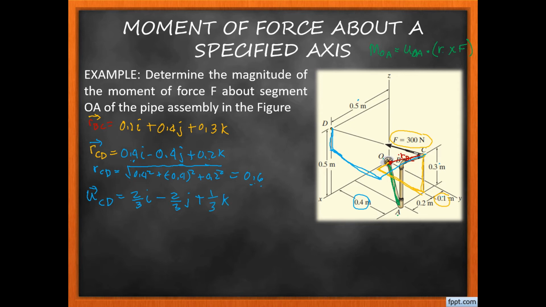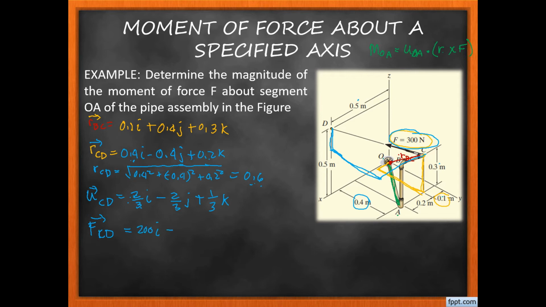So pag nakuha natin yung ating unit vector along CD, i-multiply lang natin yung ating scalar para siya ay maging force directed along the line sa ating CD. So yung ating force in scalar is 300, so multiply lang natin dito sa unit vector natin. So 300 times 2 divided by 3, so 300 times 2 is 600 divided by 3, that is equals to 200i.